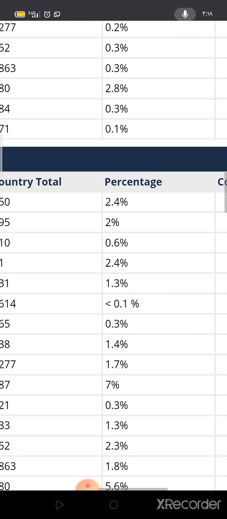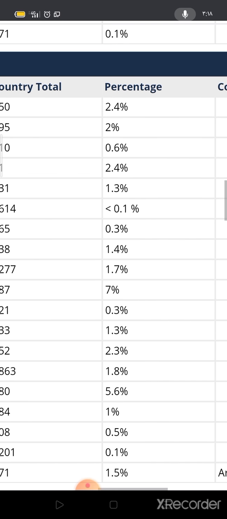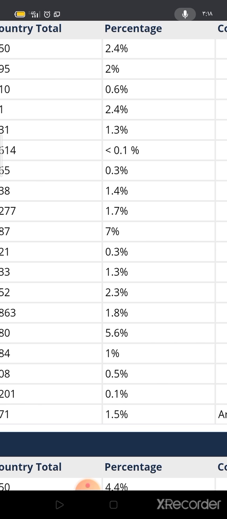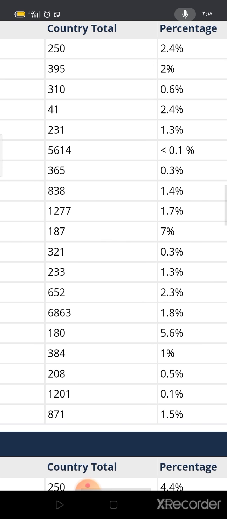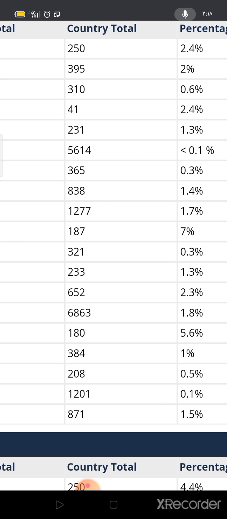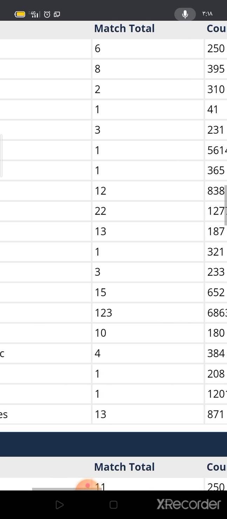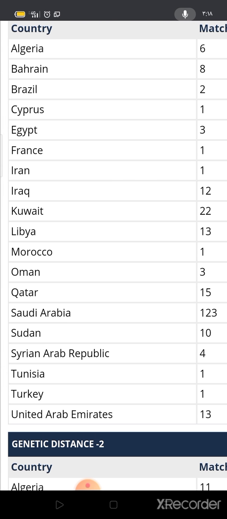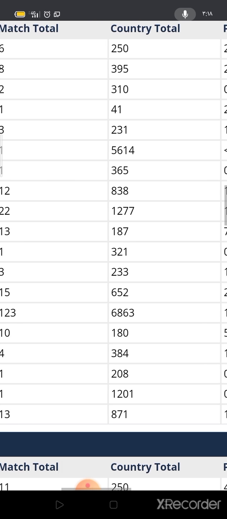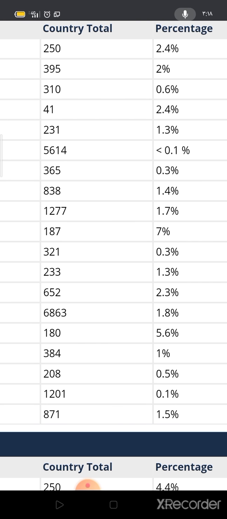So you can check the percentage here. 7% I have from 187. I have 13 marker matches from Libya. Oh my God, Libya. These people, I have a relationship with them.